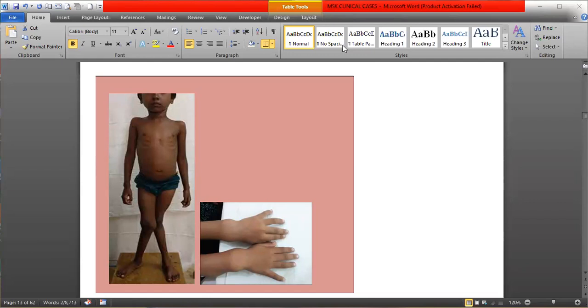Then for investigations, mostly X-ray and sometimes MRI and CT scan. After that, they will ask how you will manage this. Mostly this is an orthopedic case, because the child is clinically stable, and if there is any other association, including complications, we will manage accordingly. So we have to read these syndromes a little. Yes, definitely.